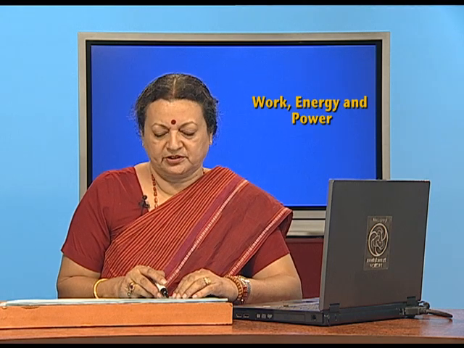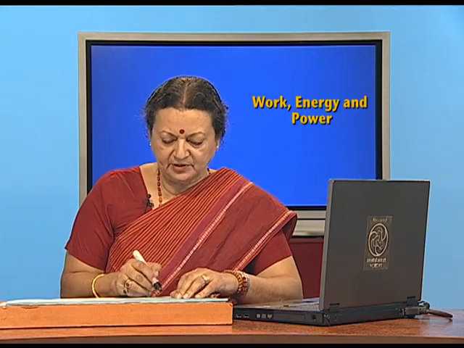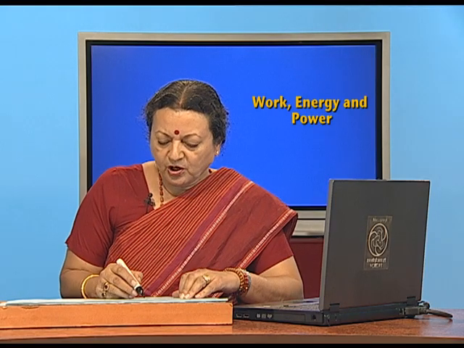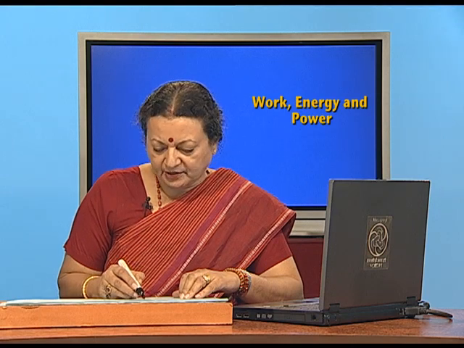Suppose we start off to find out the work done by some unknown force and use our work energy theorem to do so. For example, if we have a cliff and the height of the cliff is say 1 kilometer and a small pebble falls off from here. Now, what will be the forces that would act on that pebble?